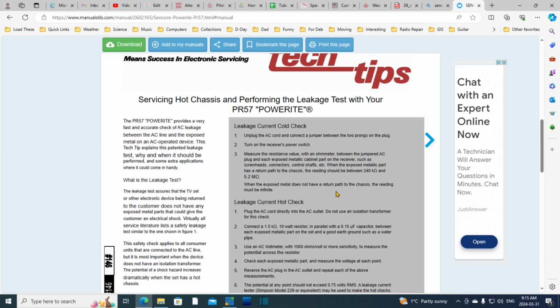So if that big capacitor and its fellow resistor were not in the radio, then this is what we would find. We'd take this reading and find out there's no connection between the chassis and the stuff inside the radio. Let's do this one. I've never done this. It's pretty simple.